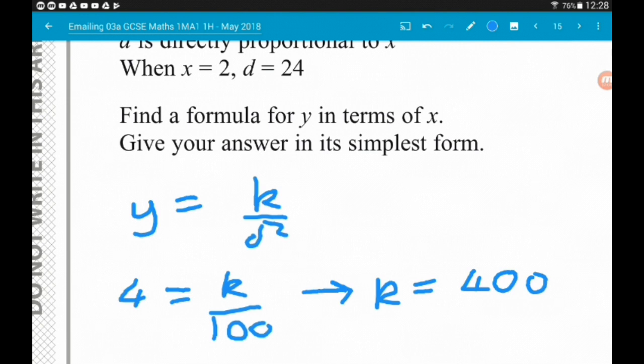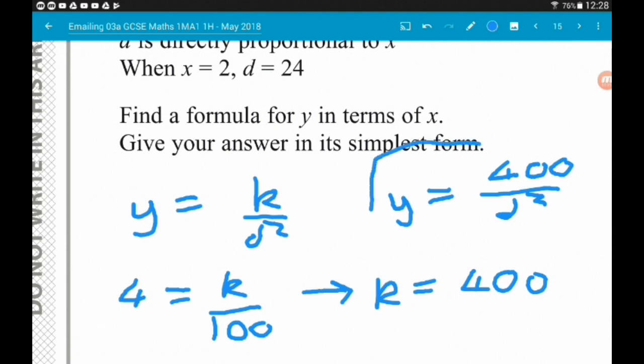So what that gives us is the exact formula linking y and d squared. So we can now say y is 400 divided by d squared.